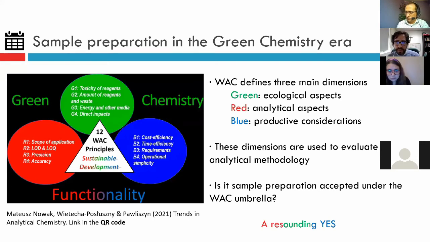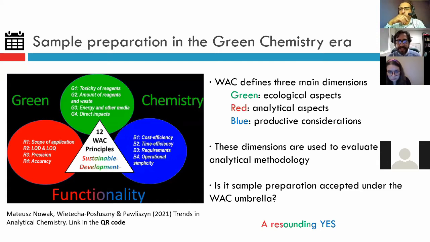And the last one is the blue dimension, which is related to the productive considerations, like, for example, the costs associated to our analytical methods, the time required for doing the measurement. For example, the number of samples that we can analyze per hour is the usual parameter that we use in this context, and other requirements.